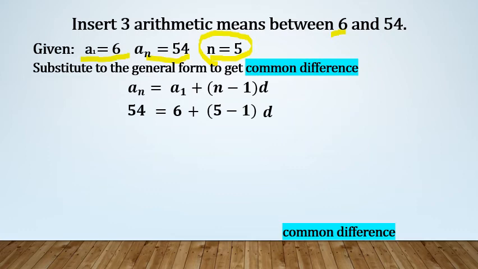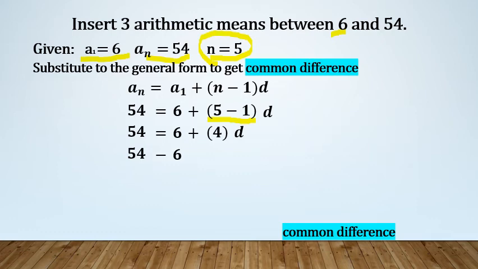Hindi pa kasi natin alam kung ano ang common difference. So, i-simplify natin. 54 equals 6 plus 5 minus 1, we have 4 times d.